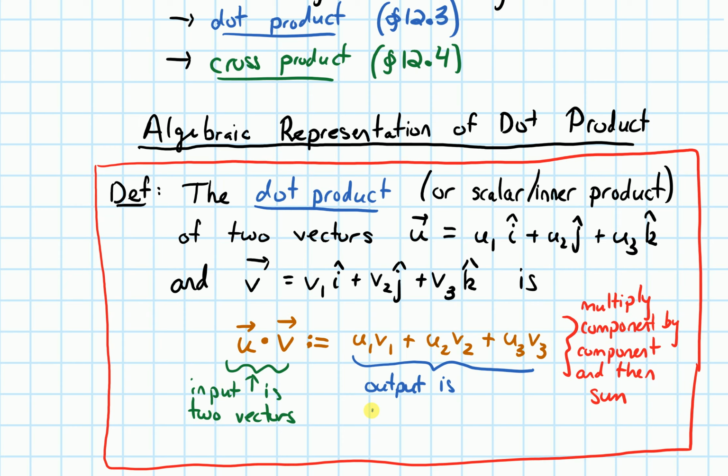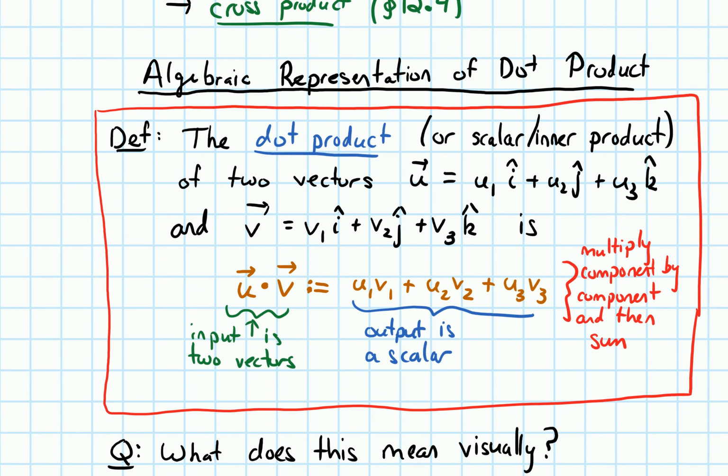The output is a scalar. When we multiply all those components together and then sum them, that's just going to be a number. So we have this algebraic definition of the dot product, and we will do an example actually taking the dot product of two vectors later in the video.